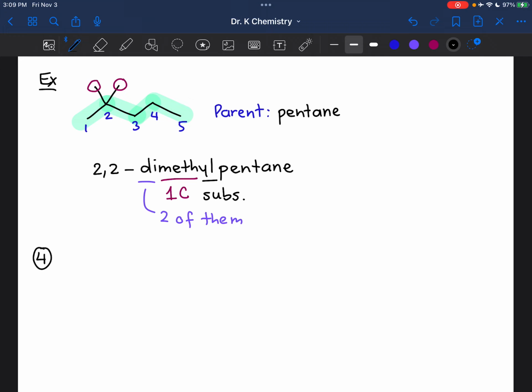Okay, so in all of these examples, we saw scenarios where it's all the same substituent, but you could have different substituents, in which case you will list the substituents in alphabetical order.